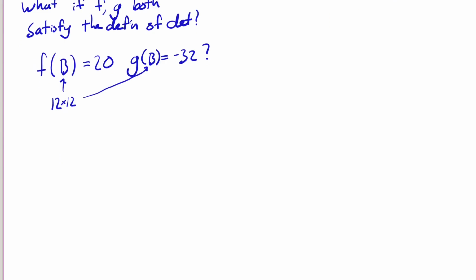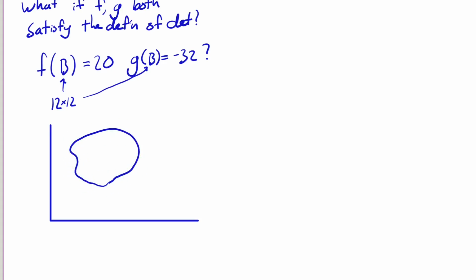Like, for example, in R2, if you take a smooth, closed curve that doesn't intersect itself, you know that is going to divide R2 into an inside and an outside region. And you can't get from one to the other without crossing the boundary, without crossing the curve. That's not true in R3.